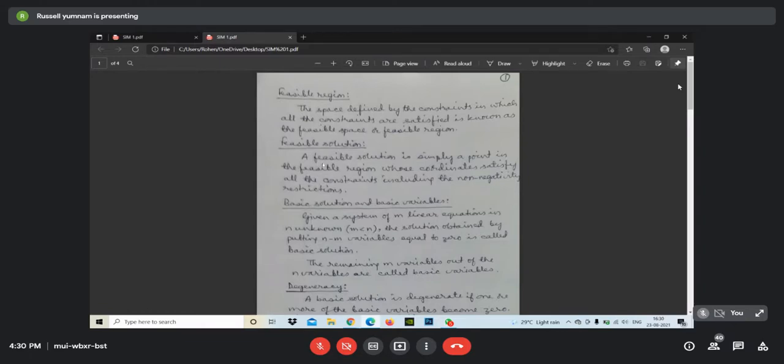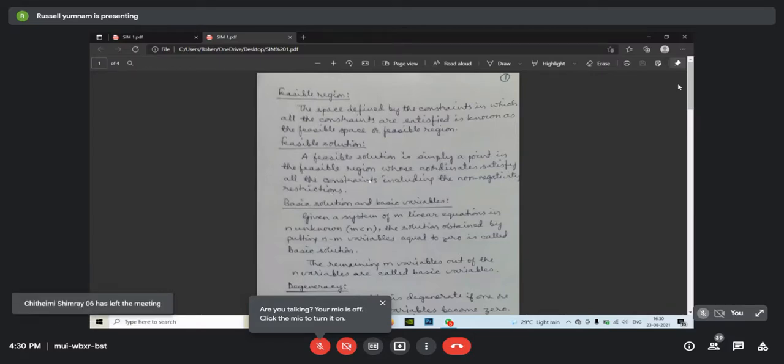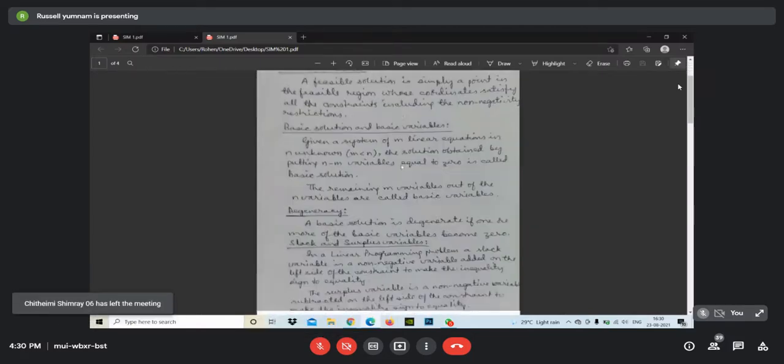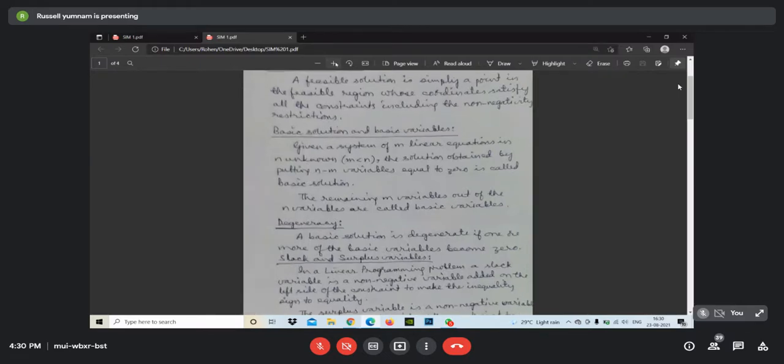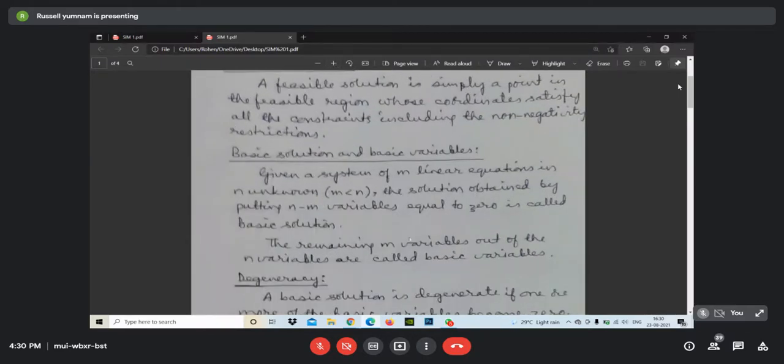A feasible solution is simply a point in the feasible region whose coordinates satisfy all the constraints, including the non-negativity restriction. Then it comes to basic solution and basic variables. Given a system of m linear equations in n unknowns, m should be less than n.